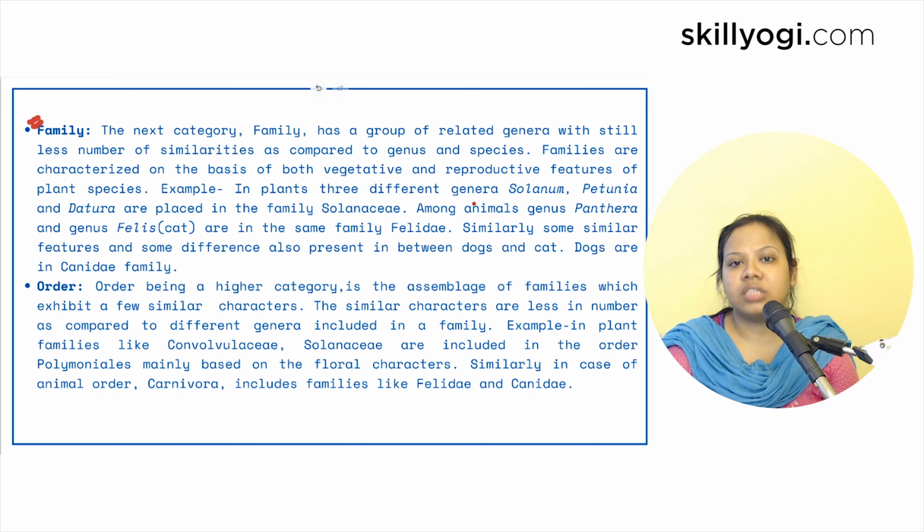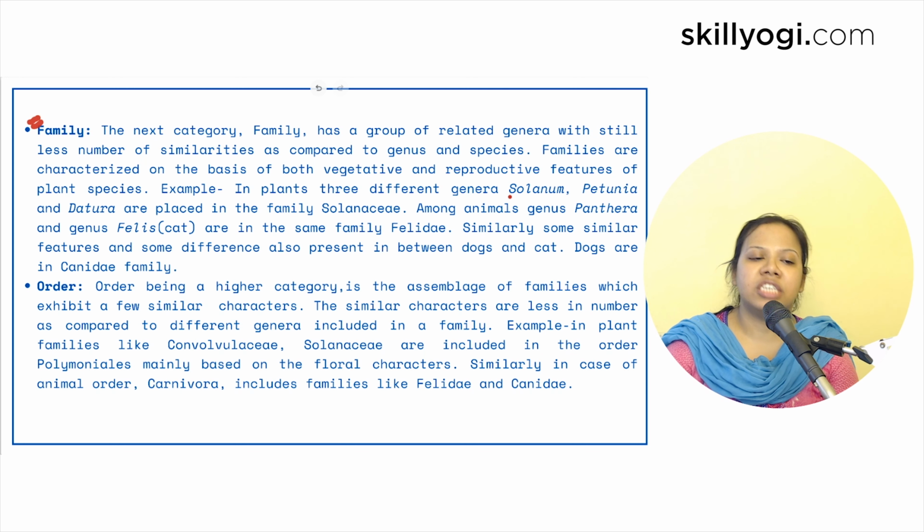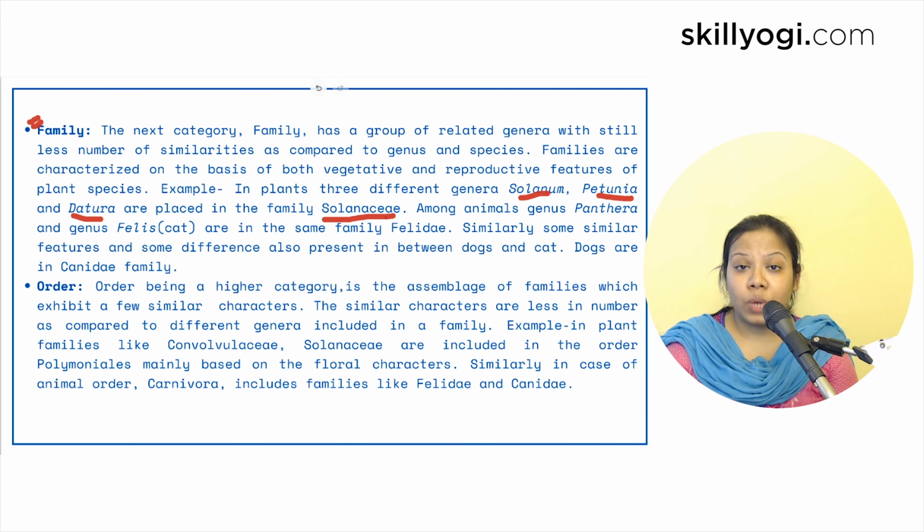We use genus in singular and genera in plural. So here 3 genera: Solanum, Petunia and Datura are placed in the family Solanaceae. That means Solanaceae comprises 3 genera, that is Solanum, Petunia and Datura.